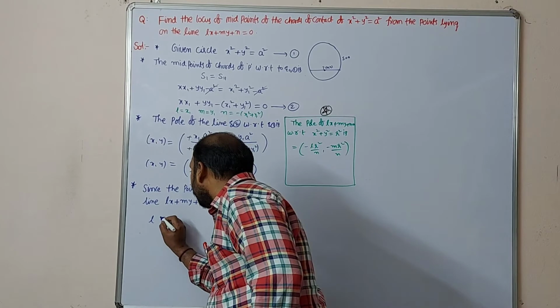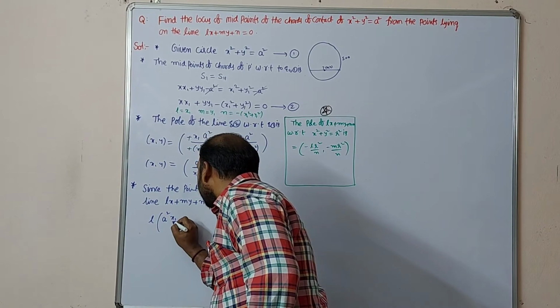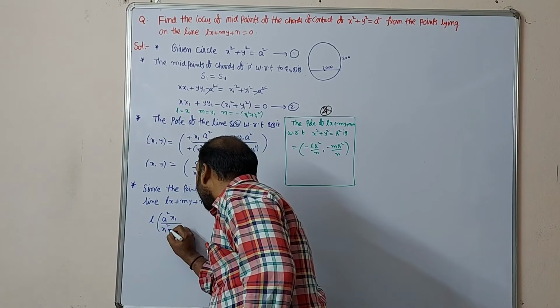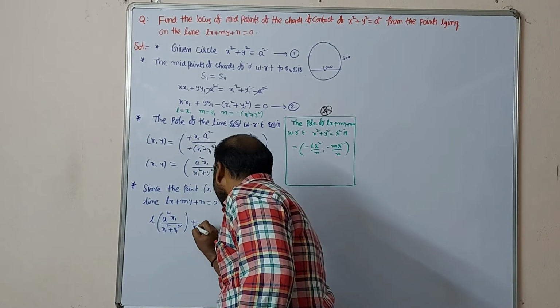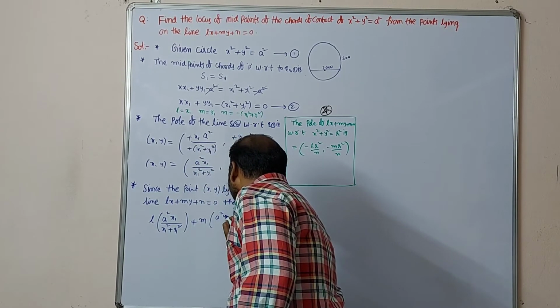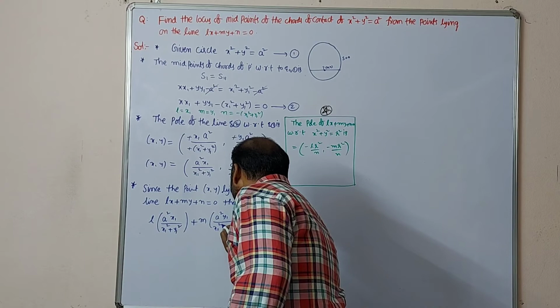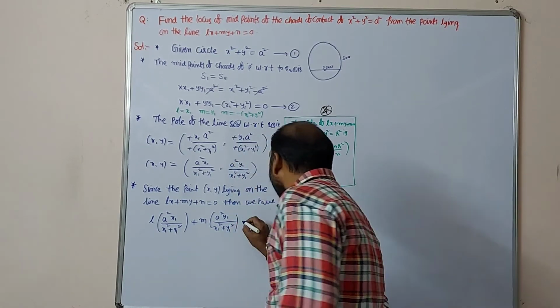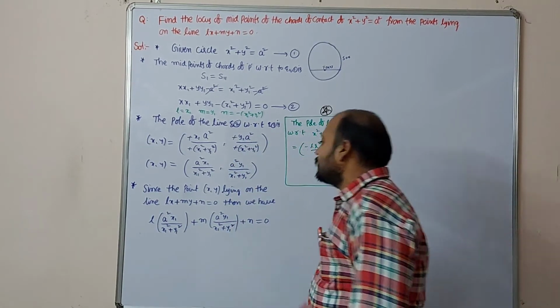L into a square x1 by x1 square plus y1 square plus m into a square y1 by x1 square plus y1 square plus n is equal to 0.